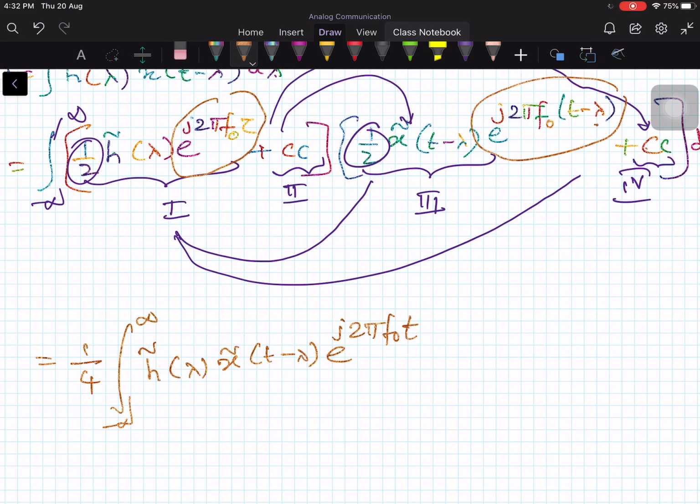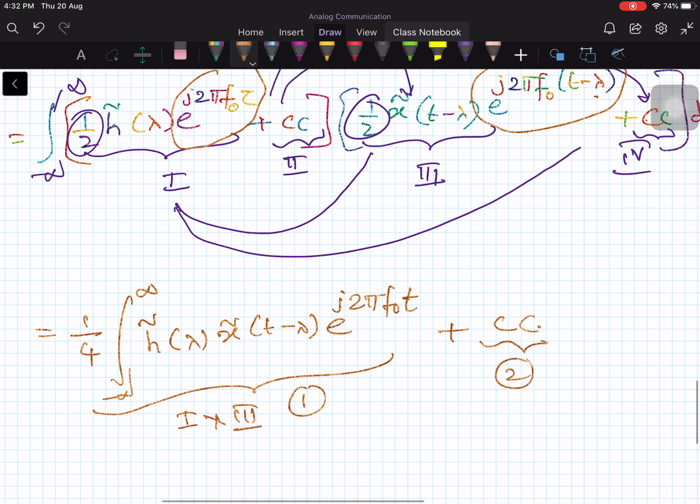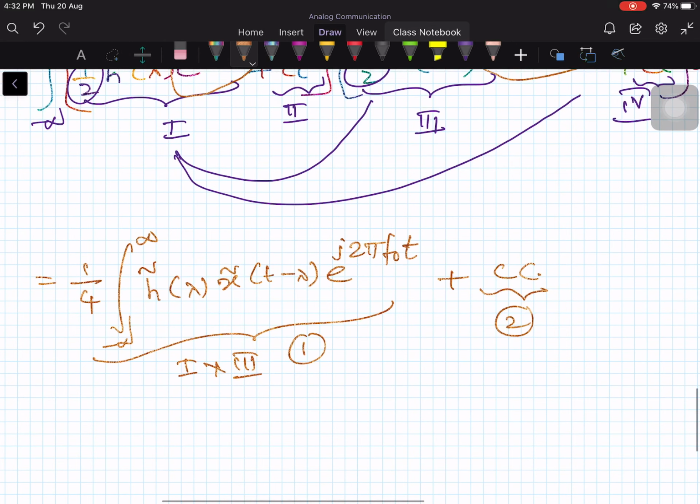Okay. Then again you will get another term, the complex conjugate. So let me call this the first term and the second term, 1 with 4. This is 1 with 3, the first term with the third term. Okay, plus one more term, plus 1/4.